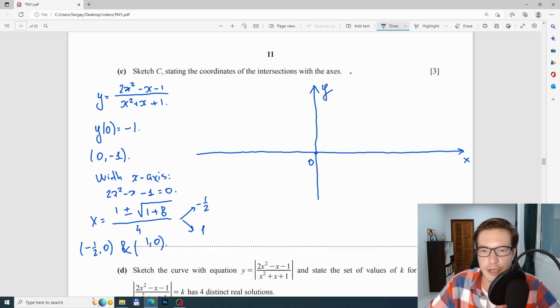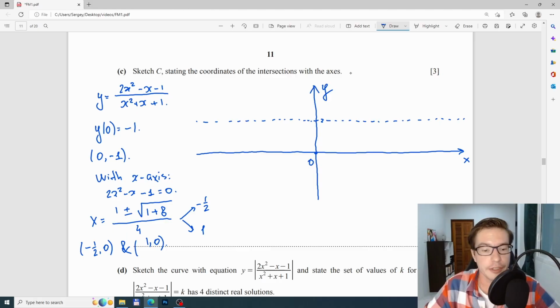Okay, time for a sketch. So first of all, the asymptote. We know it's y equals 2. Okay, next I will mark intersection with axes. I got 0, minus 1, so it's the first point. Next we've got 1, 0 here, and minus half, 0.